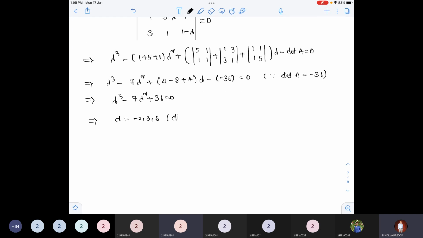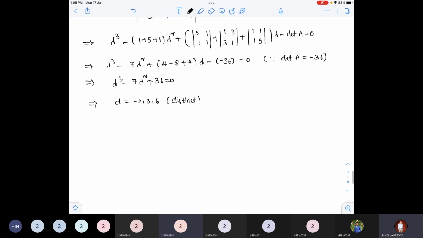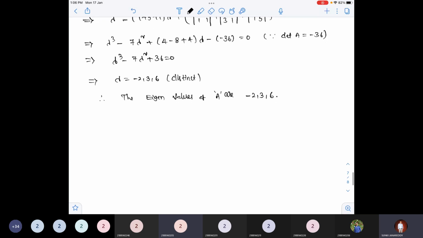These are the distinct eigenvalues. Therefore the eigenvalues of capital A are minus 2, 3, 6. Next, we need to find eigenvectors.